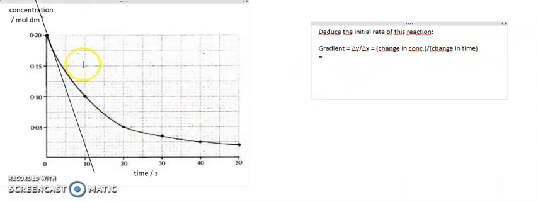And in our case, the change in concentration will be from 0.20 to 0. So we have 0.20 minus 0. And these are supposed to be divided by the change in time, which will be 11 minus 0.